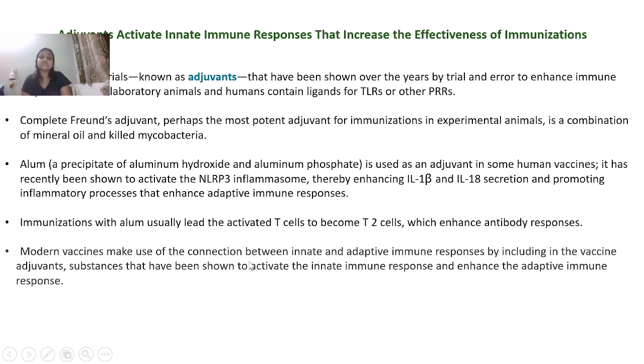So modern vaccines, the COVID vaccine which we recently took, also use these adjuvants to increase our immune response to the killed pathogens. And so modern vaccines make use of the connection between innate and adaptive immune response by including in the vaccine adjuvants, substances that have been shown to activate the innate immune response and enhance the adaptive immune response.